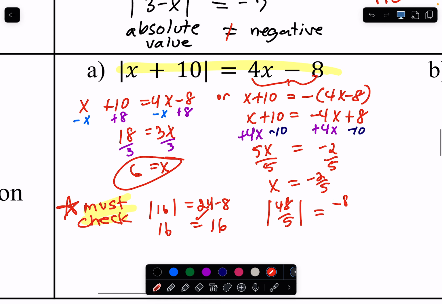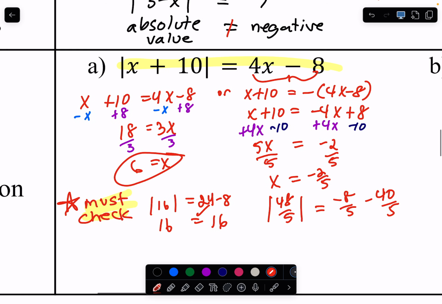I'm going to write this down. -8/5 minus 40/5. Okay. The left side gave us 48/5. The right side didn't. It gave us -48/5. And you could use a calculator to verify, but that one doesn't work. Cross it out.